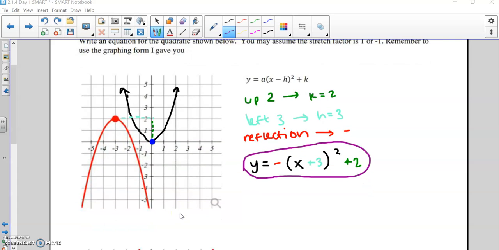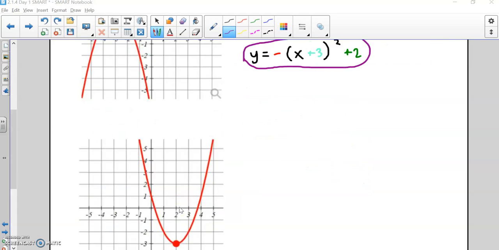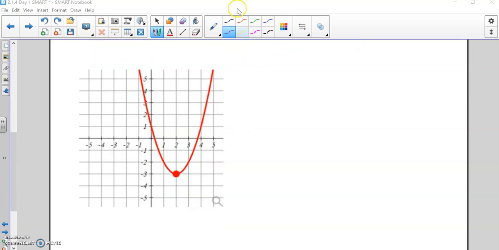All right. Moving down to the next example, the final example. I'll go ahead and draw another one of our beautiful parent parabolas. Okay, so now, how did we move from blue vertex to red vertex?